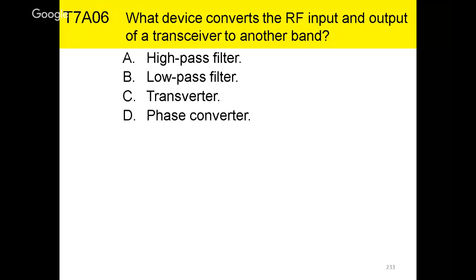At any rate, the following is used to convert a radio signal. If you go back in your book and look again, I think T7A03 is on page 123. Is it?